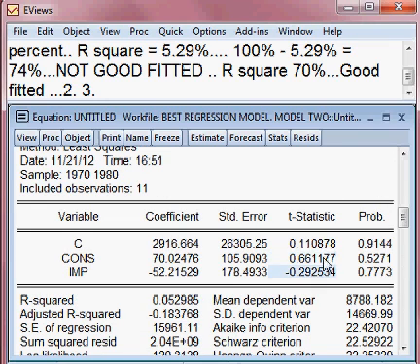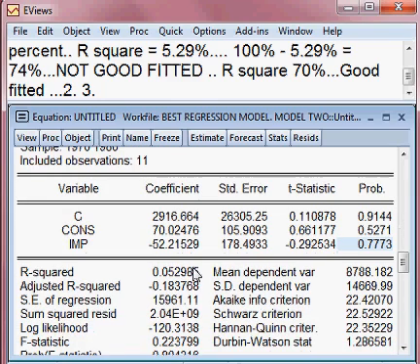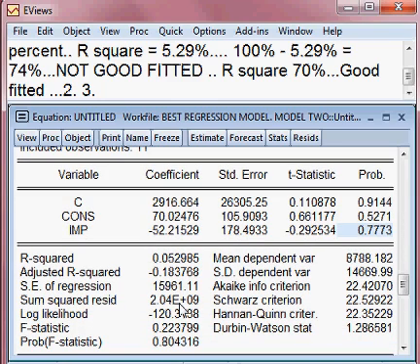T statistics and the corresponding probability are for individual significance, and in the case of joint significance we should use the F statistics and the corresponding p-value.